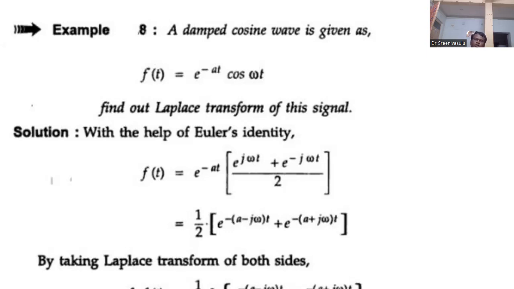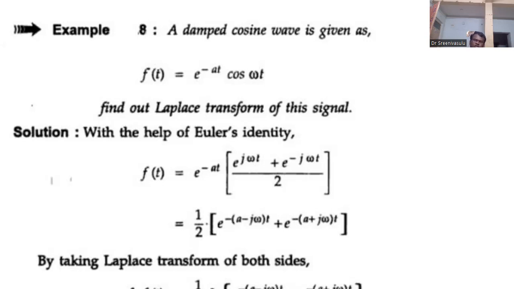Now here, you can multiply with e power minus at. E power minus at is common. So you will get 1 by 2 e power minus of a minus j omega into t, plus e power minus of a plus j omega into t.